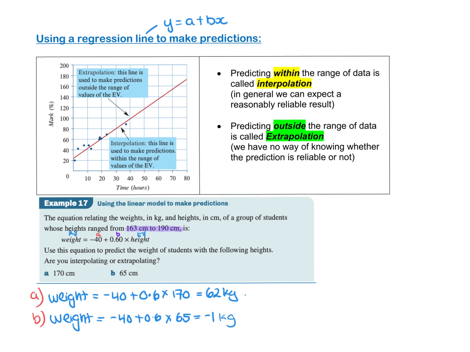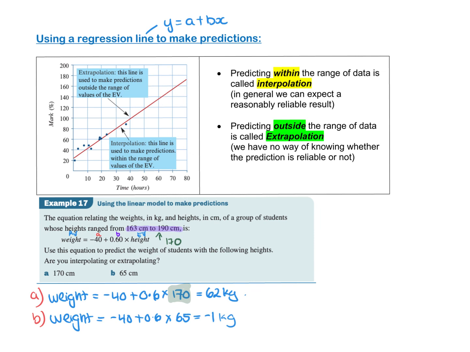And so that's why it's important that we know what we're predicting. So in this first one, when we predicted a value, can you see that this 170 is within 163 and 190?